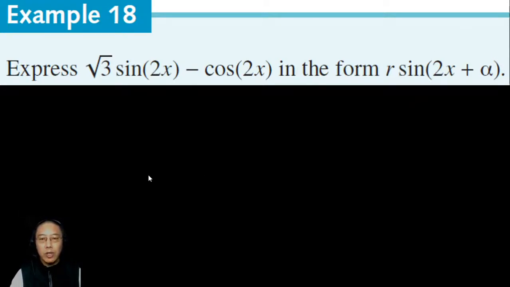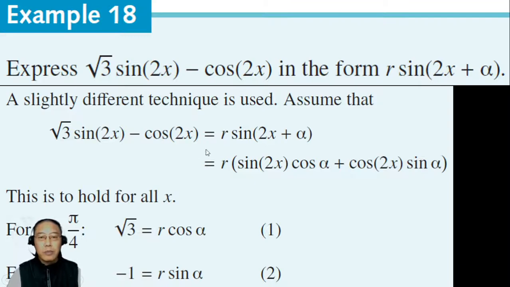So what we'll do is we'll make it equal. And then instead of manipulating the left-hand side expression, we're going to look at the right-hand side, use the addition formula for sine, and substitute into here.